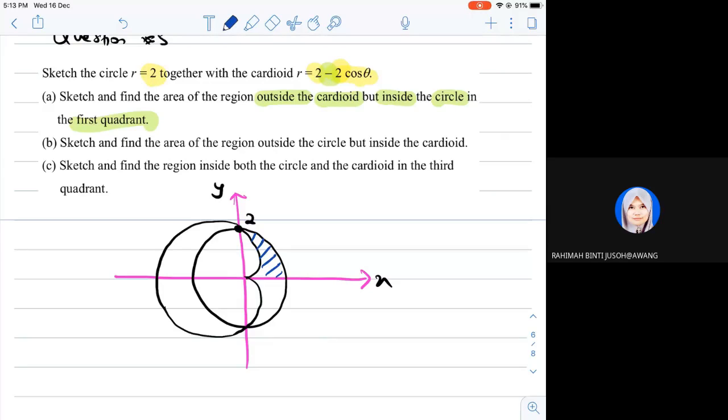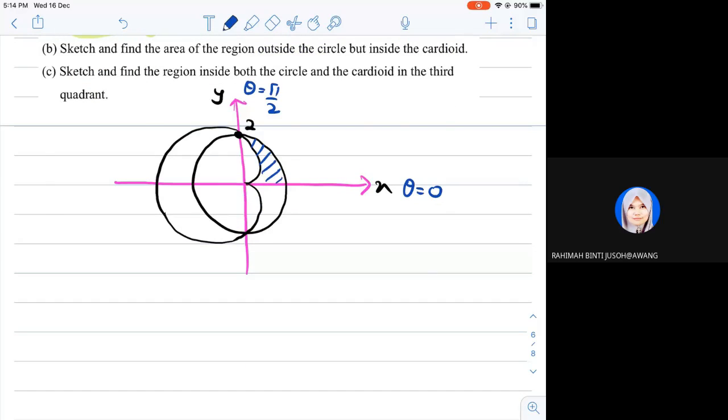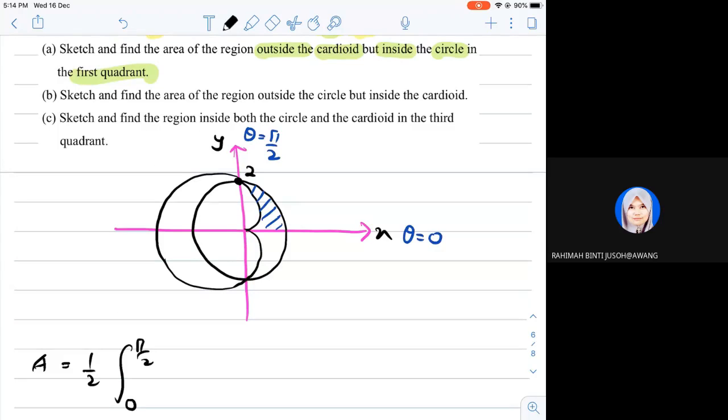Okay, so now we know that this angle here is 0 until this point, angle equals to pi over 2, 90 degrees. Okay, so straight away calculate the area of the region. 1 over 2 multiplied by integration from 0 until pi over 2. Okay, right now circle minus cardioid or cardioid minus circle?